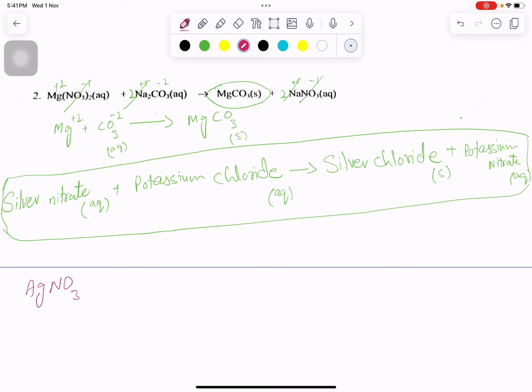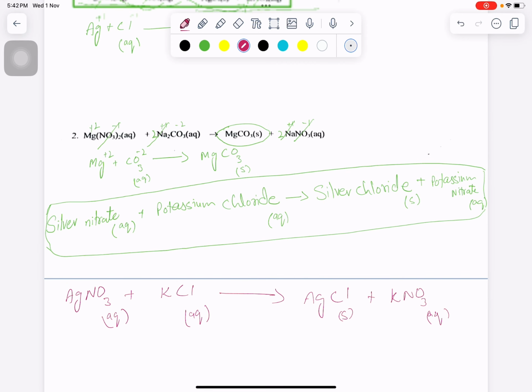To make this, you should know how to make a chemical formula, and for that I have already uploaded a video on YouTube, so watch that to learn how to make chemical formulas. So silver nitrate plus potassium chloride, KCl, it is aqueous, already mentioned over here, goes to silver chloride, AgCl, which is solid, and potassium nitrate, KNO3, which is aqueous. So it is the same as this one.